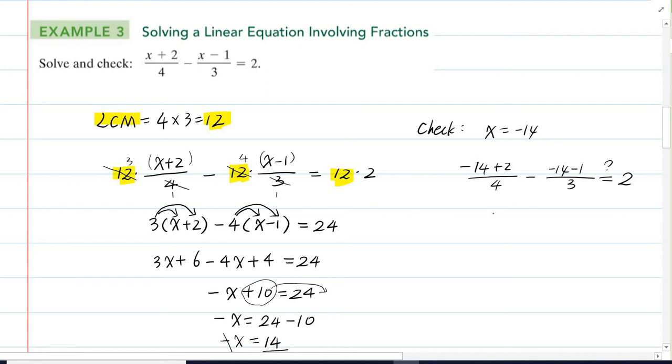Negative 14 plus 2 is negative 12 over 4. Then we subtract, and that will be negative 15 over 3. So that gives negative 3, then negative becomes positive, and it equals 2. So 2 equals 2, and you got this correct.